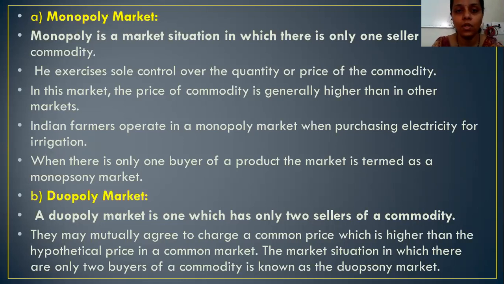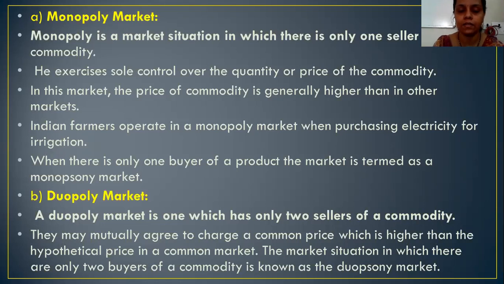When there is only one buyer of a product, the market is termed a monopsony market. So these are the two conditions: monopoly market and monopsony market. Then the duopoly market. A duopoly market is one which has only two sellers of a commodity. Duo means two sellers of a commodity.